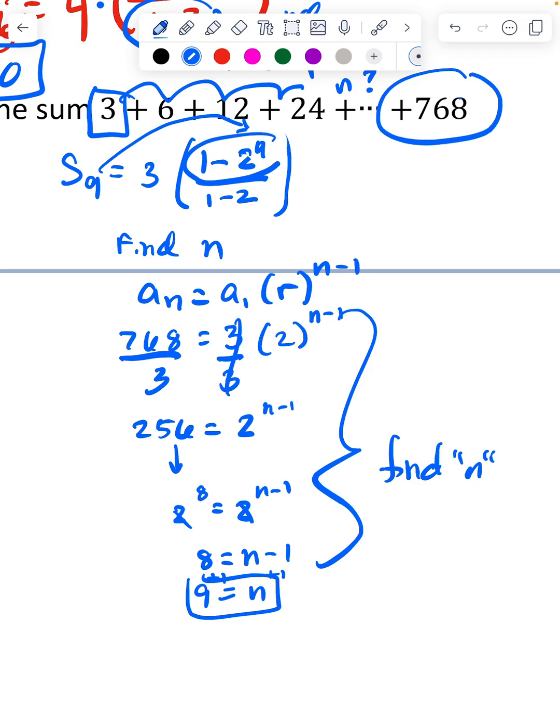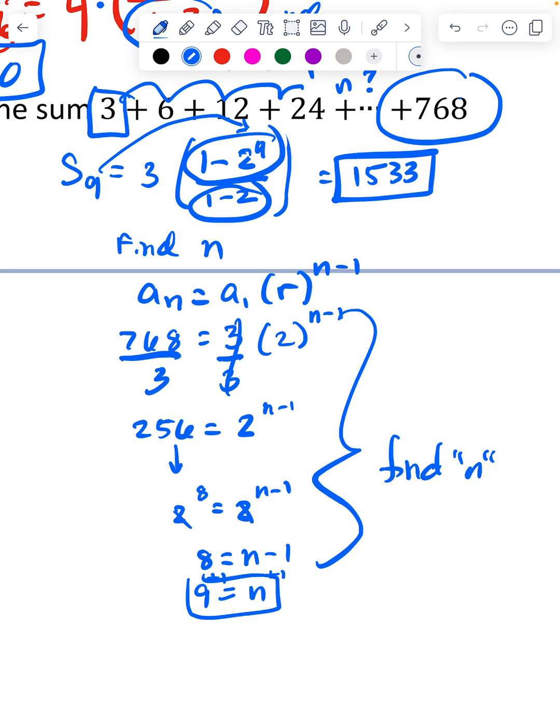Then I do this part on my calculator, 1 minus 2 to the 9th, get negative 511, dividing by this, but 1 minus 2 is negative 1, so I divide by negative 1, and then I times my answer by 3 and get 1533.